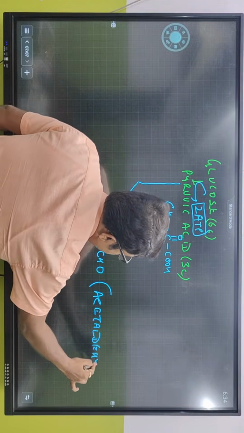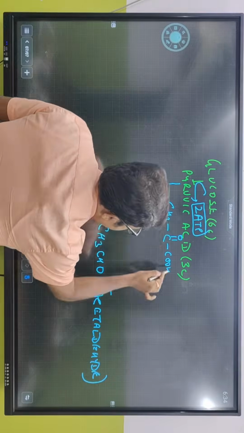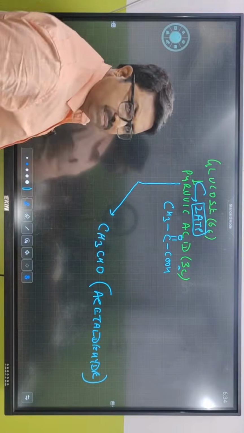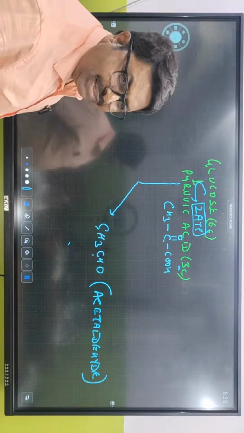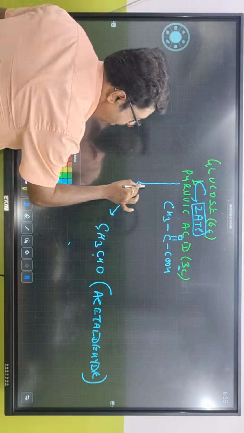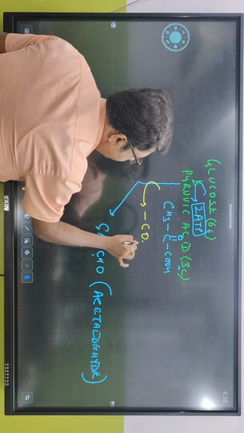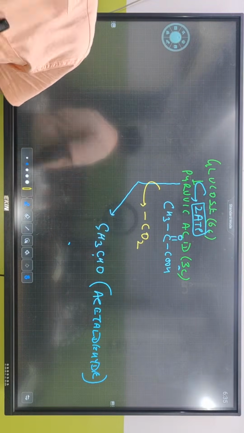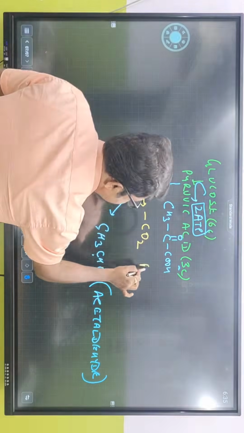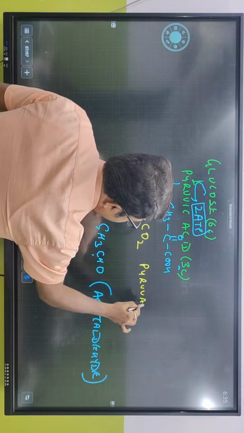Acetaldehyde. Now you tell me, Varun, how many carbon this pyruvic acid is having? How many carbon acetaldehyde is having? 2 carbon. So what has happened from here? What has gone out from here? Carbon dioxide. So decarboxylation has occurred. What is the name of the enzyme which is going to help in this?